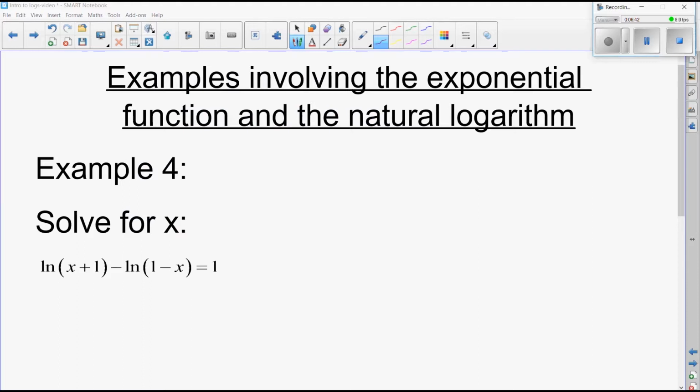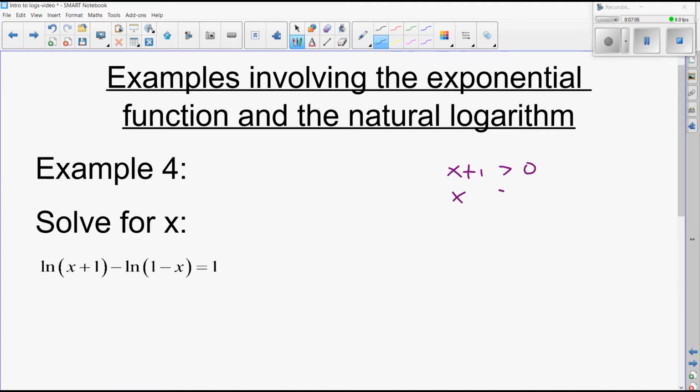So we're looking at example 4, and example 4 wants us to solve for x, and we have ln of x plus 1 minus ln of 1 minus x equals 1. Now, before we start, let's look at our restrictions. We know we cannot find ln or log of a negative value, so x plus 1 must be greater than 0.